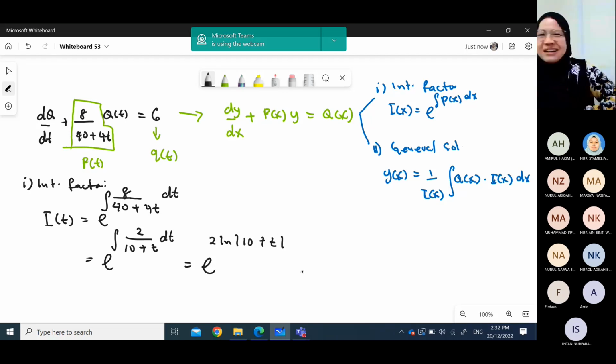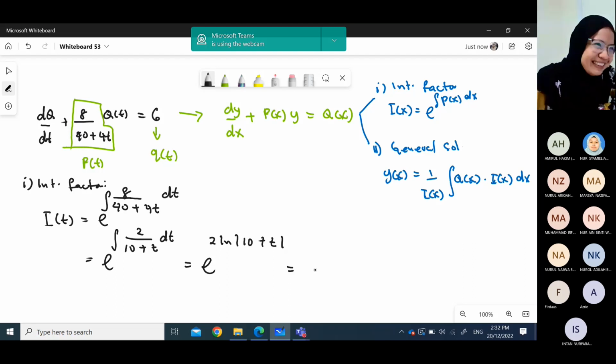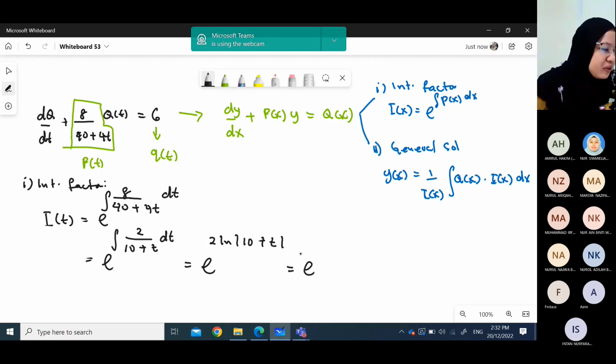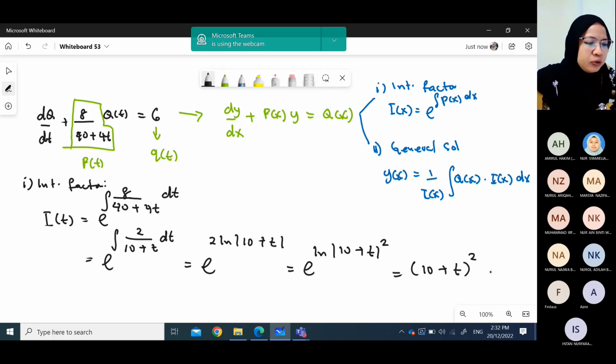Okay, so exponent this one, these two we can bring as a power for 10 plus t. So here we have exponent natural log of 10 plus t to the power of 2. So exponent and natural log we can simplify. Then here we have 10 plus t to the power of 2.